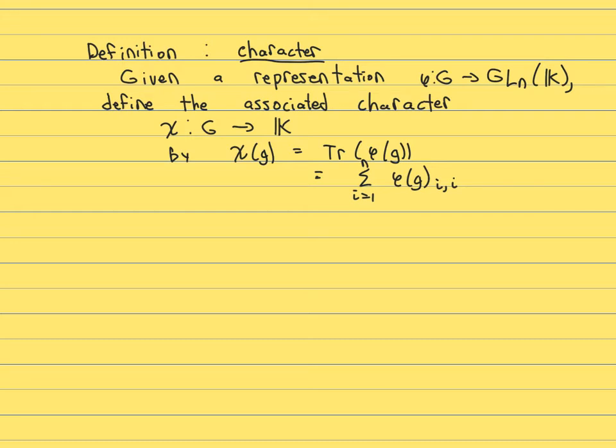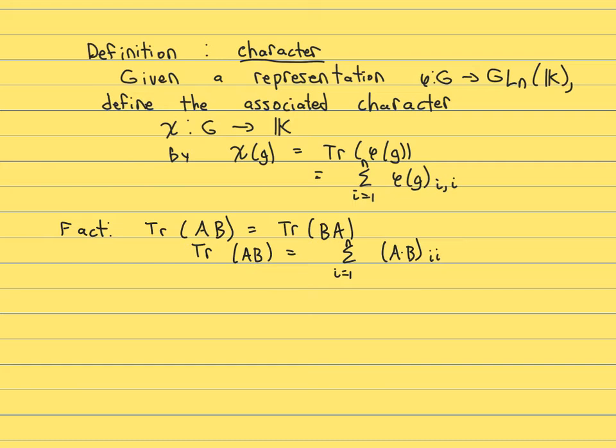And the key to that is to just realize that for any two matrices, the trace of A times B is actually equal to the trace of B times A. And why is that? Well, what is the trace of a matrix? By definition, it's the sum of the diagonal entries. But what are the diagonal entries in the product?